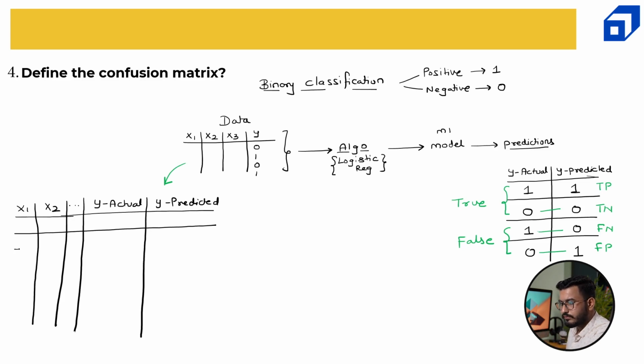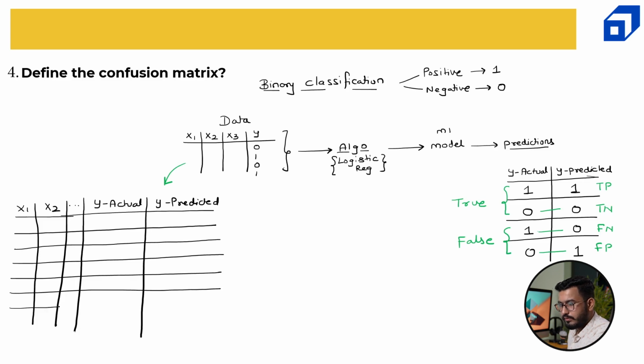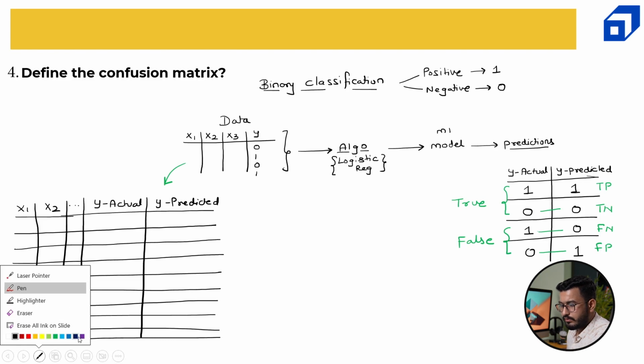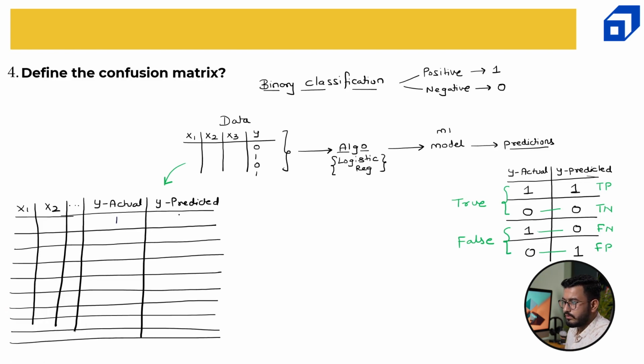So 1, 2, 3, 4, 5, 6, 7, 8, 9 and 10. Let's fill this table with values of 1s and 0s for actual and predicted.